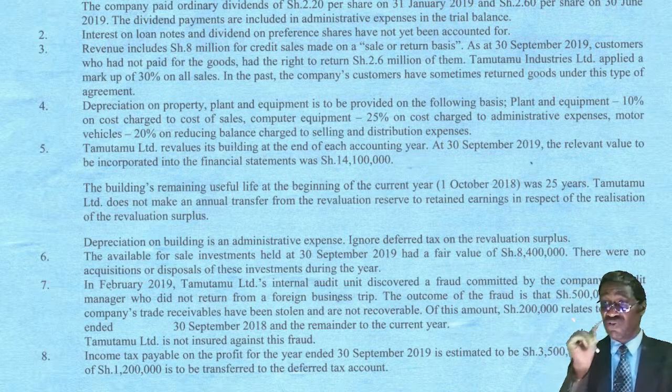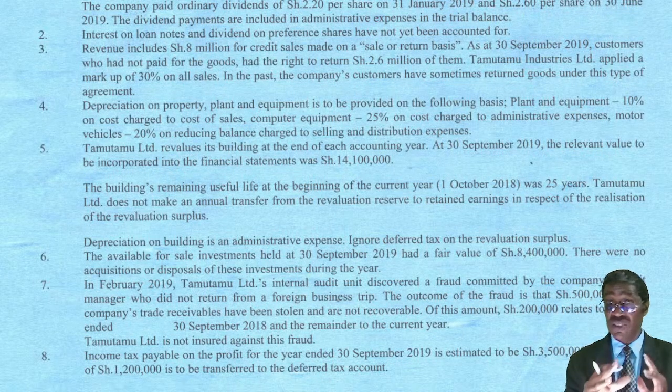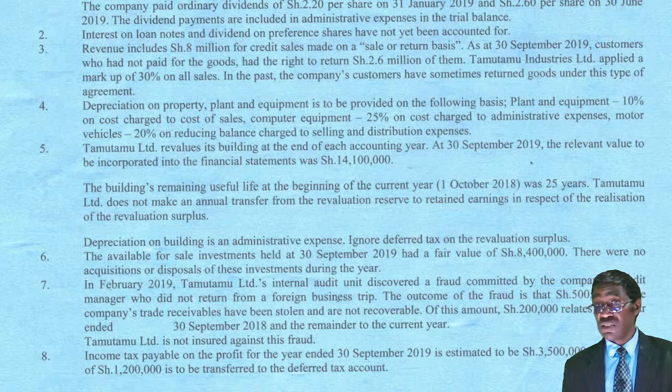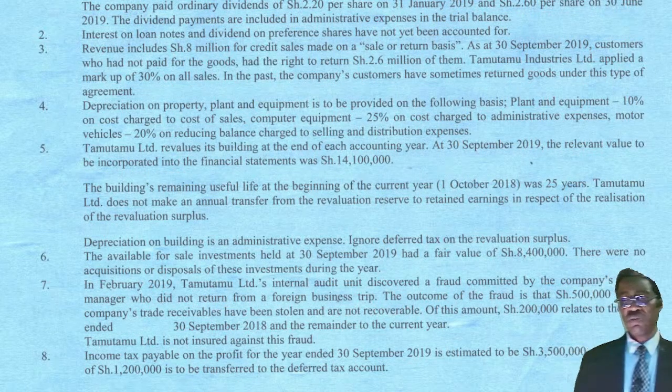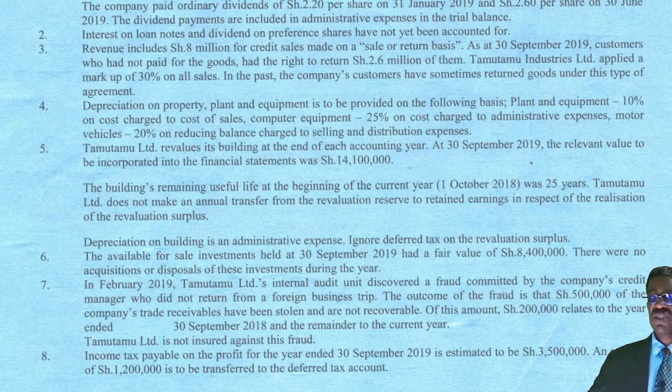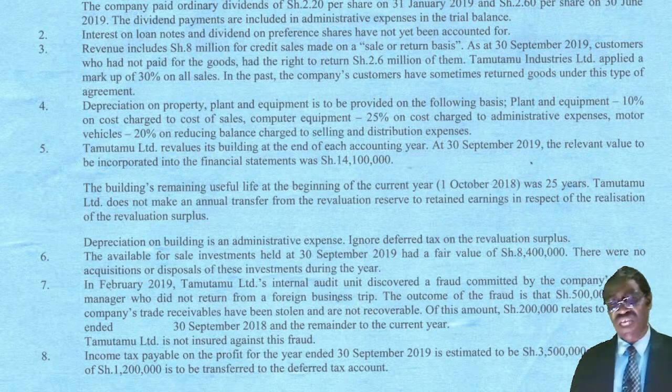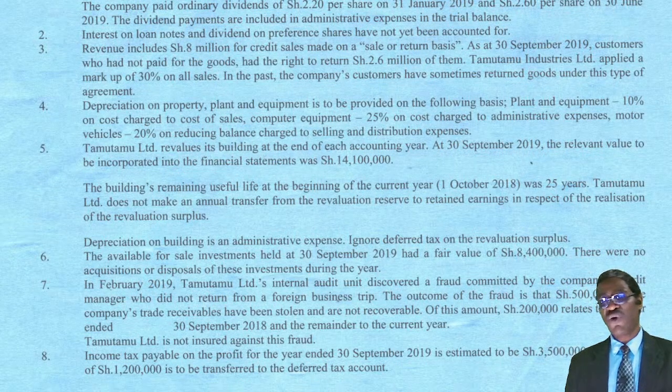It will take me a bit of time to finish explaining, but maybe we can just read it. It says, in February 2019, Tam's internal audit discovered a fraud committed by the company's credit manager, who did not return from a foreign business trip.